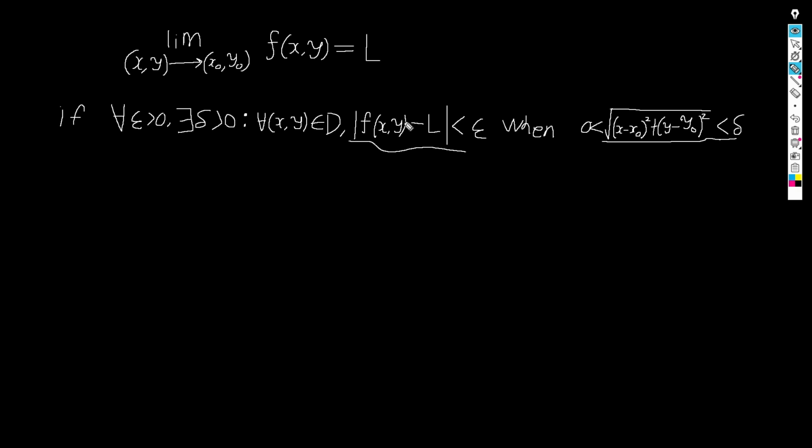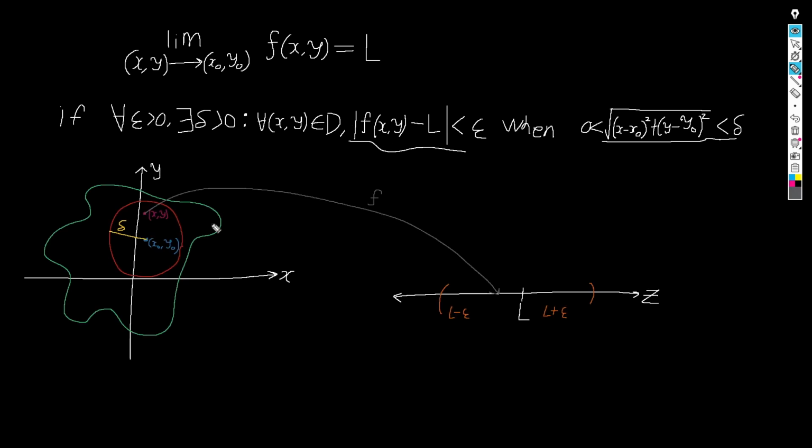By the way, the points x, y we're talking about are in the domain of f. In this definition of a limit, delta is the radius of a disk centered at x0, y0, the point we're approaching. And this is just saying that whenever we're approaching x0, y0, the point that's approaching is always going to be in a disk centered at x0, y0 with radius delta.